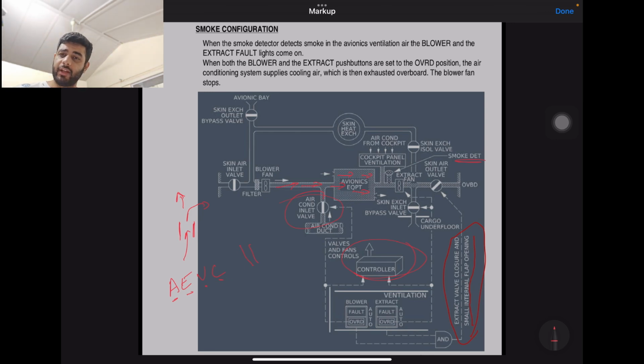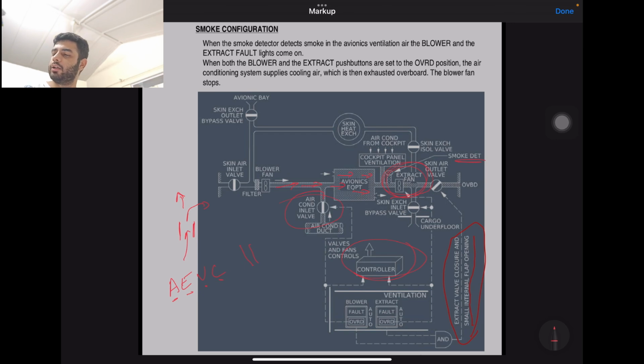There is a small extract fan near that outflow valve, which actually is not related to this avionics extract fan. The avionics ventilation extract fan is its own separate extract fan, but it goes to the same outflow valve of our air conditioning chapter.